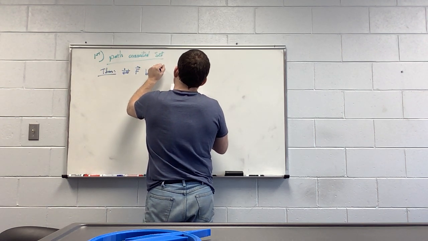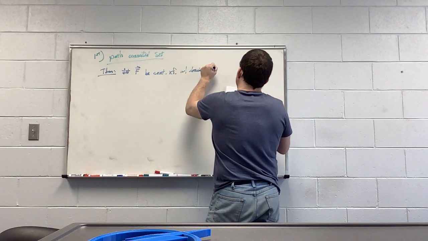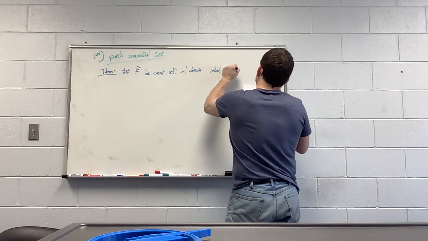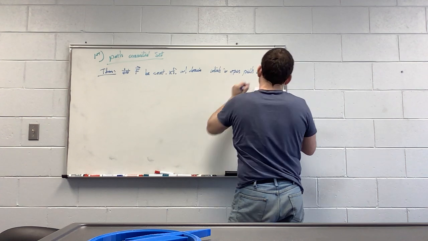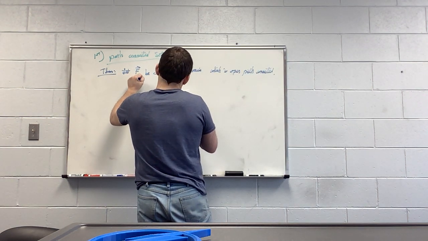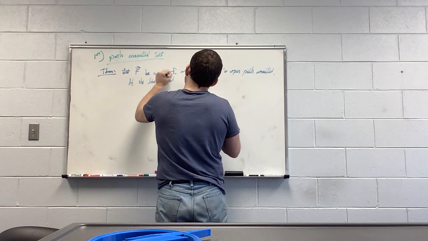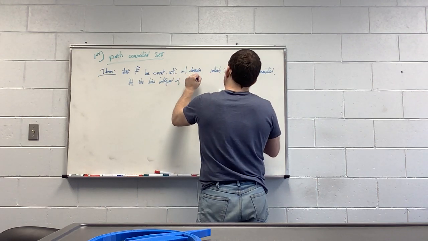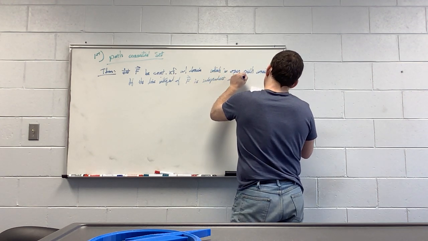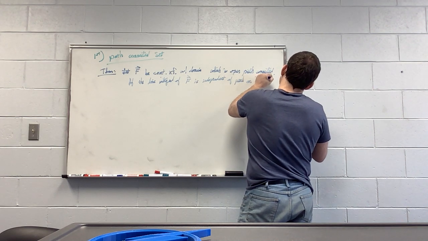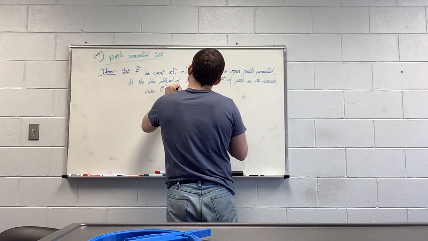Let F be a continuous vector field with domain which is open, path connected, if the line integral of F is independent of path on its domain, then F is conservative.